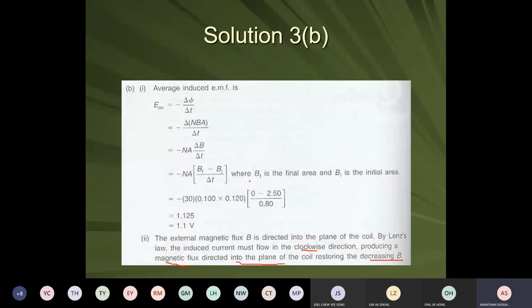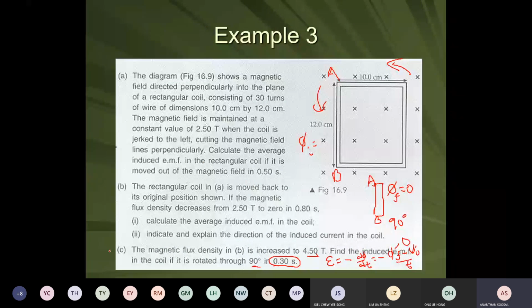Okay, so put it in mind. ABC tells you 3 ways you can generate EMF and current. You move the coil outward, or you don't move the coil and you change the magnetic field strength, also you get EMF inside, like what happened in a transformer. In a transformer, the coil does not move. The magnetic field is the one changing. Part C, the coil is rotated in a generator.